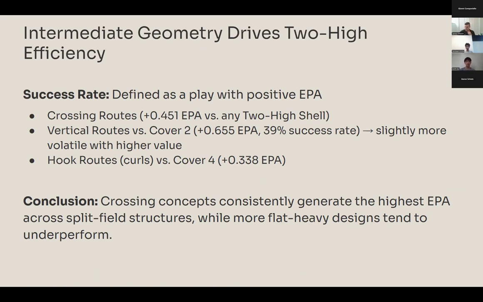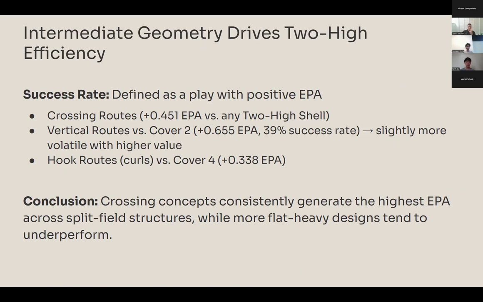But it's possible that the success rate is a little bit less since you have two safeties back who, if they can see something before the play, can both cheat towards the middle, and you could get a deep ball takeaway. So that explains why the success rate is a little less, but it is more volatile with higher value.